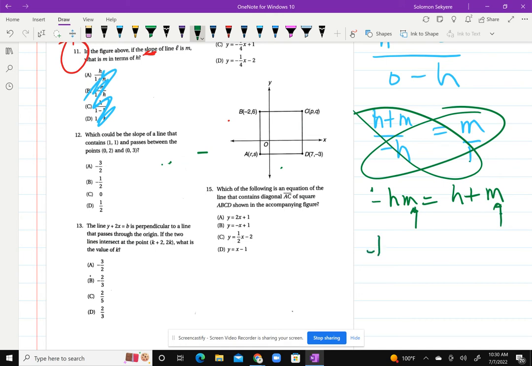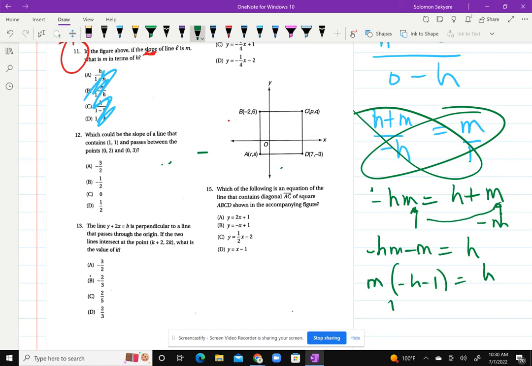So negative hm minus m is equal to h. We move this m over here by subtracting. After that, if we factor m out, we have negative h minus 1 equal to h.